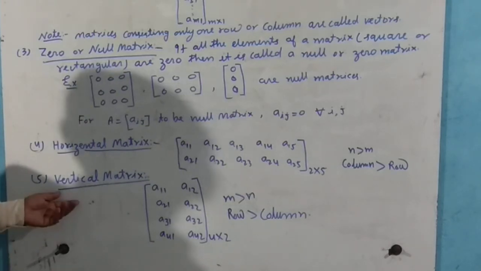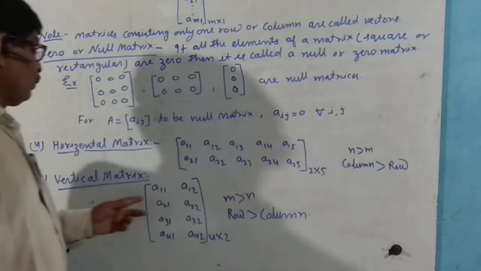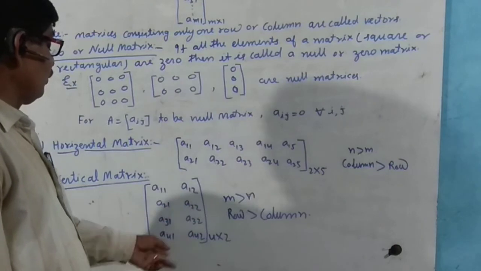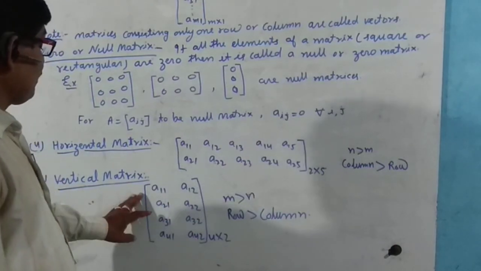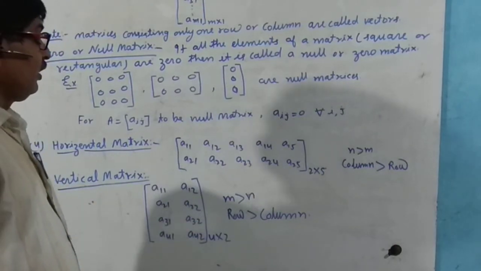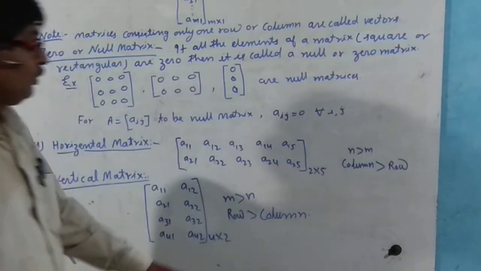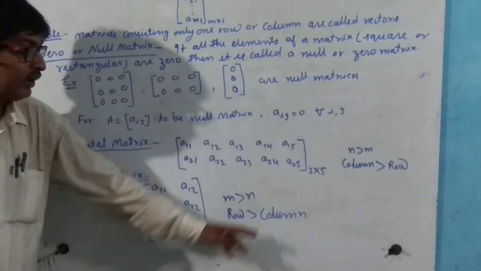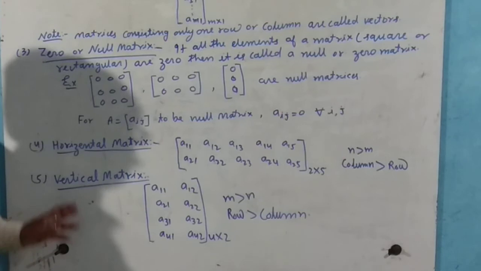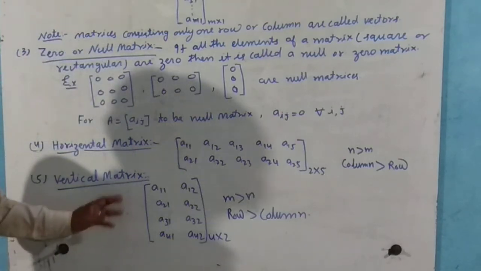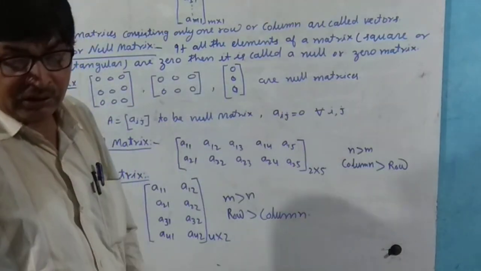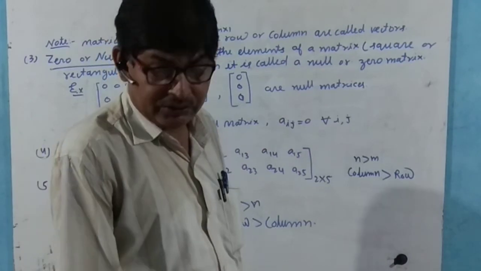And if the number of rows, first row, second row, third row, fourth row, is greater than the number of columns, then that matrix is known as a vertical matrix.